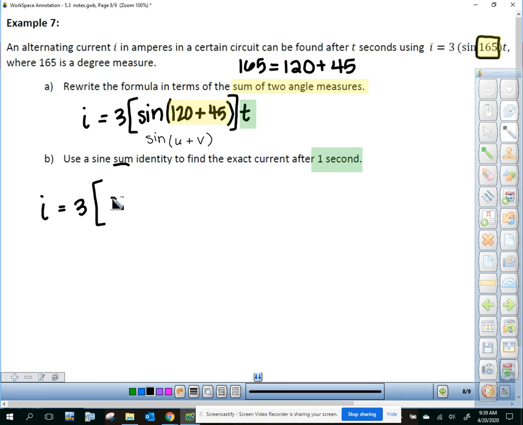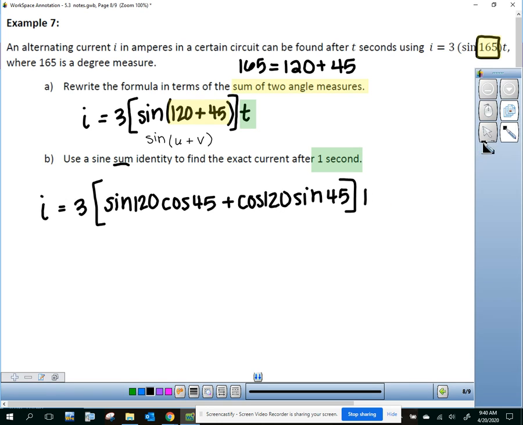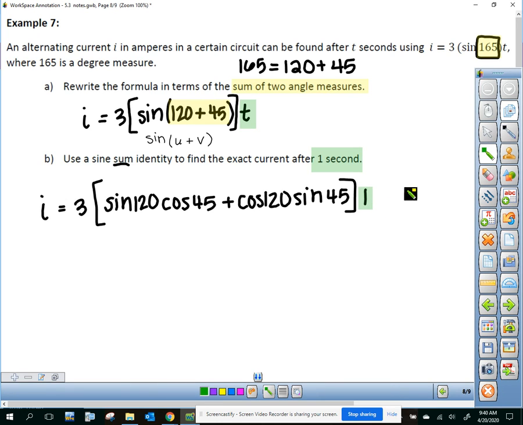So remember that would be sine of u, which is 120, cosine of v, which is 45. We keep the sign, so plus, and then cosine of u, sine of v. All in brackets because I have to take care of all that first. And then I'm plugging in a 1 here for t.